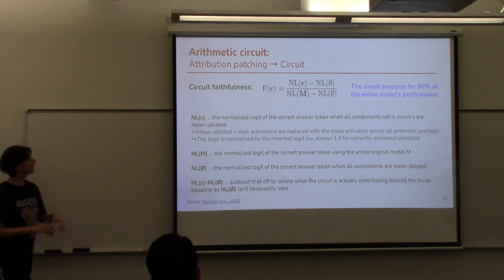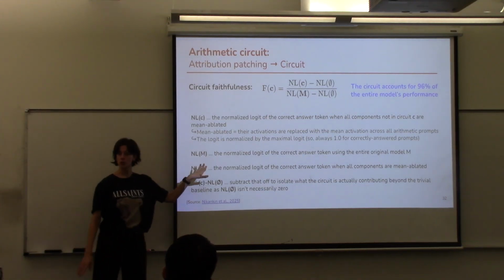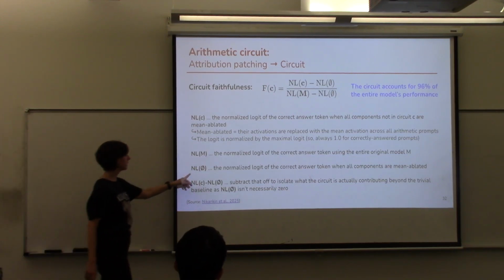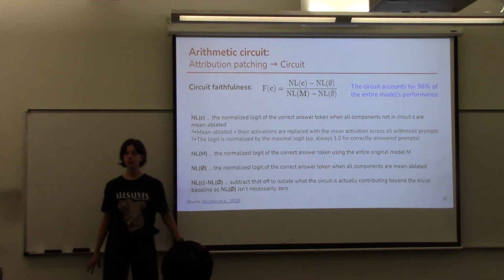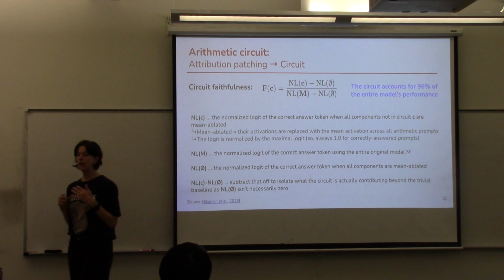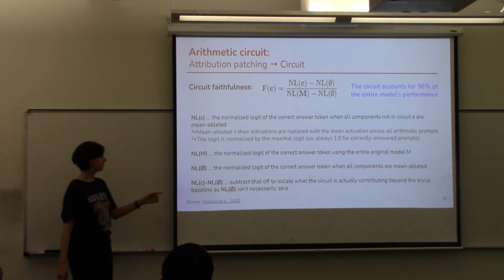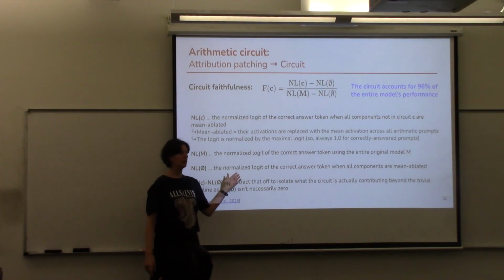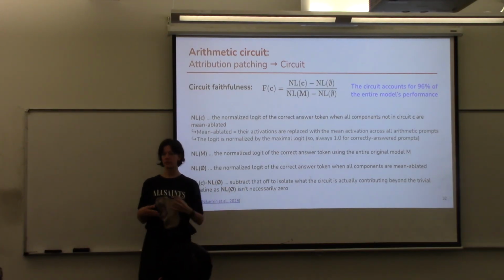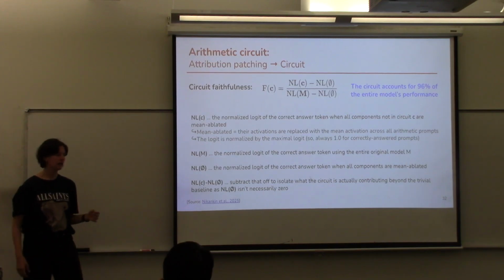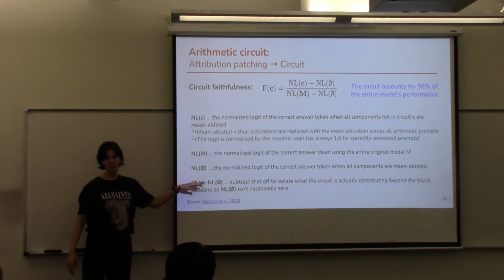Then we have our ML for the full model. That's just a normal logit we get with the normal model, and here we get what a model would say if all of the representations are replaced with the mean version. And the idea here is that this probability, basically, is not prompt specific, right? We are using some average version of the data set, and this probability actually won't be zero.